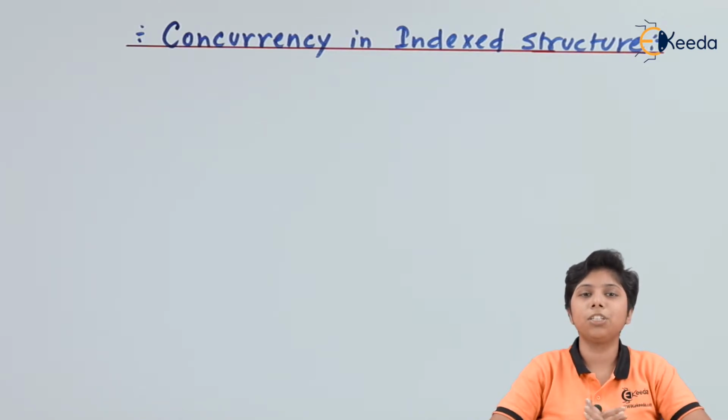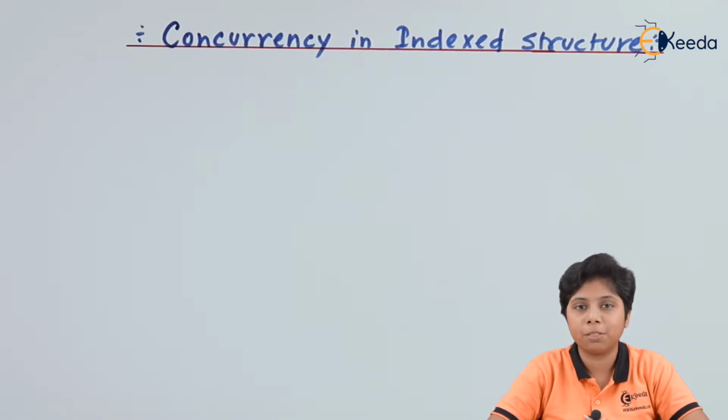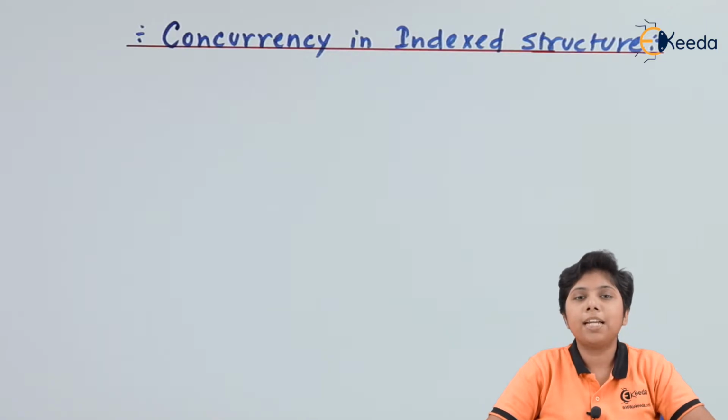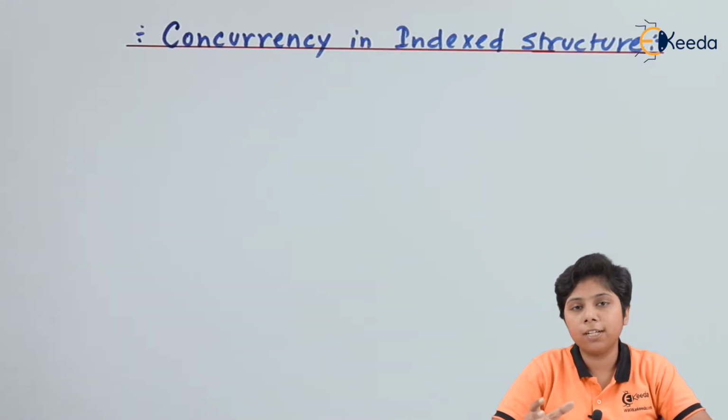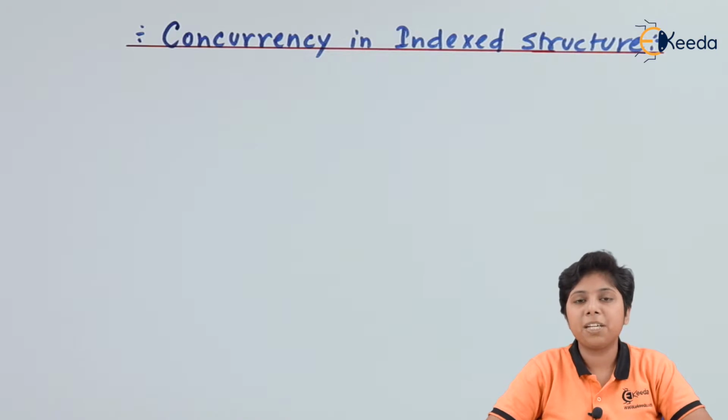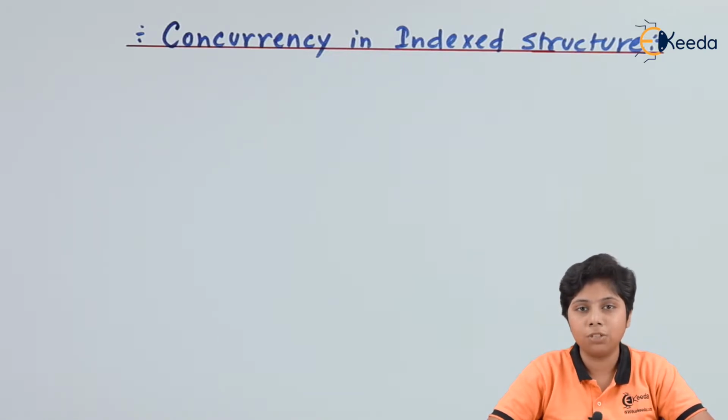The index structure that we will use today is a B+ tree index, the most popular indexing scheme among database management systems. Normal transaction concurrency is entirely different from index structure concurrency, because in an index structure we not only have to concurrently look for the indexes, but also point to the actual set of values.